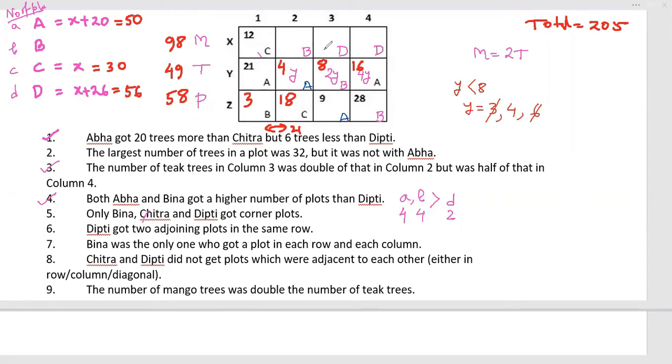And here, to get this 98, if you subtract 12, this part would be 86. 86 here. And this is 56 also. So these 86, these 3 as 86.